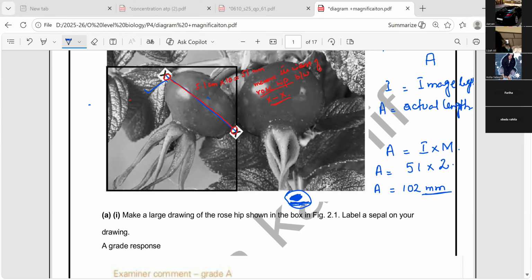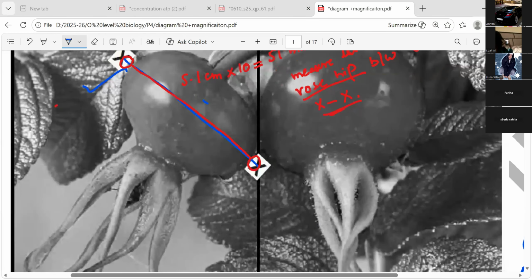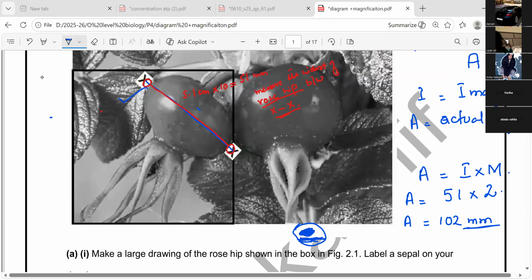For example, if the examiner provides you with the same question and on the bottom of the diagram no allowance is given, that is, no multiplied by 2 or multiplied by 100 is written, right? So if no allowance is given, what does it mean? This is the actual length of the rows here.